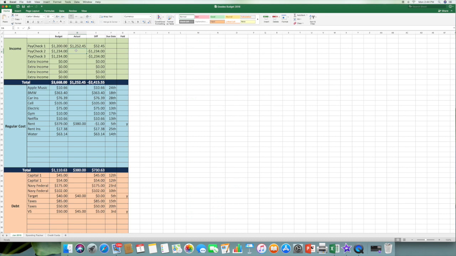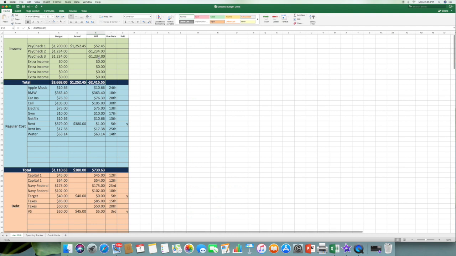For example, if I only receive $1,200, then it will change the difference to let you know you are under budget by $34. So that's what the difference column does. Same here, all throughout. Okay? And then in this column, it lets me know how much I am total over or under in difference.